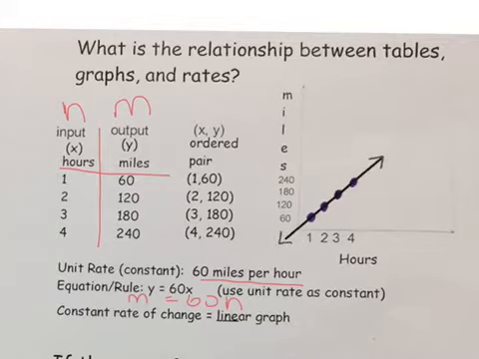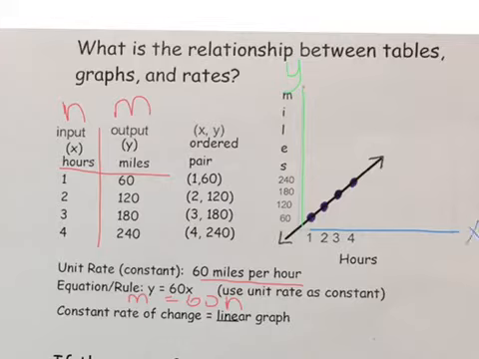So they're using the variables that go with the story. Hours is your x, so this is going to be your x right here. Miles is your y, so that is going to be right here. So miles goes vertically, hours goes horizontally. So this is y, and then this is x.